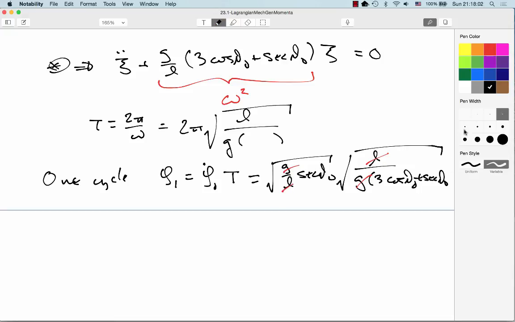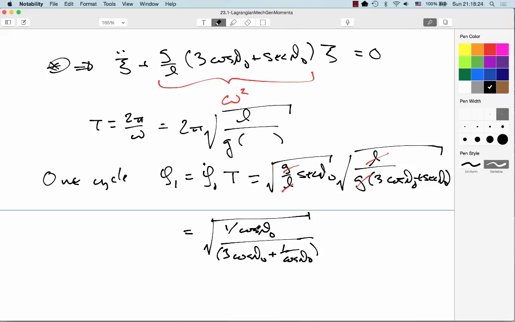Wish I could cancel that. We'll make it happen quick enough. So this will be equal to 1 over cos theta naught over 3 cos theta naught plus 1 over cos theta naught. Okay, multiply numerator and denominator both by cos theta naught. I finally get it into 1 over 3 cosine squared theta naught plus 1. So that is the angle it will advance after one oscillation cycle.